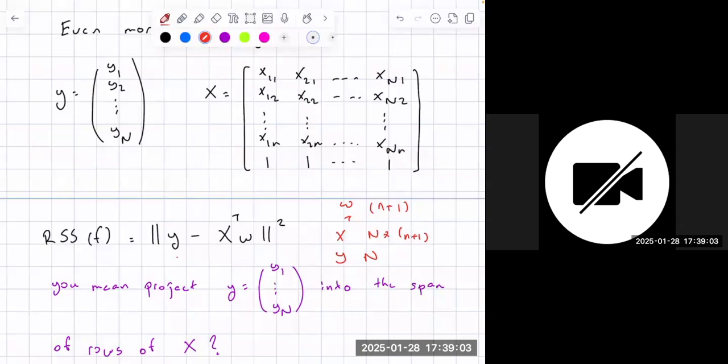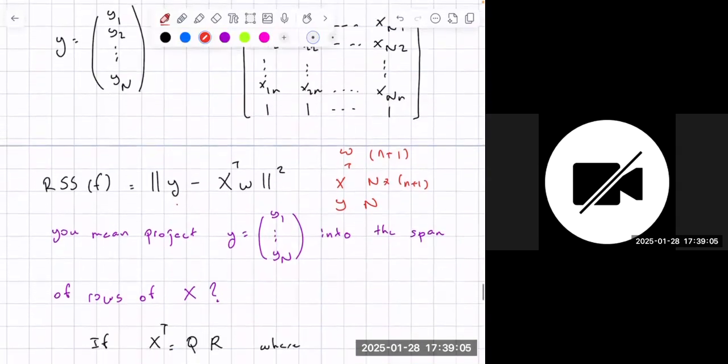And what does it mean? Well, this is given to you. This you get to pick. This is also given to you.